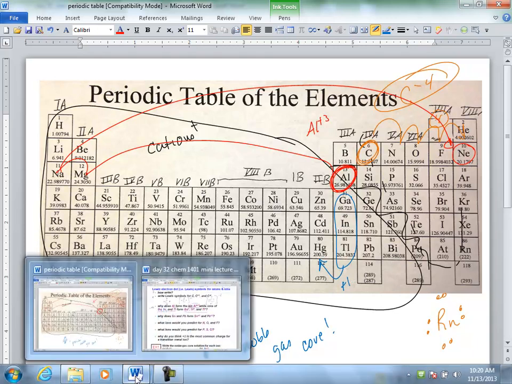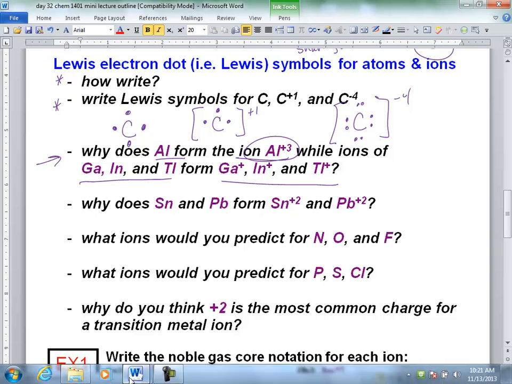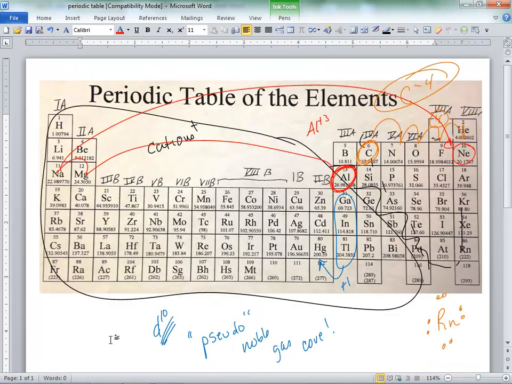Okay. How about tin and lead form plus 2? Tin and lead form plus 2. Let's see here. Tin and lead, they form plus 2. Why would that be, Danielle?